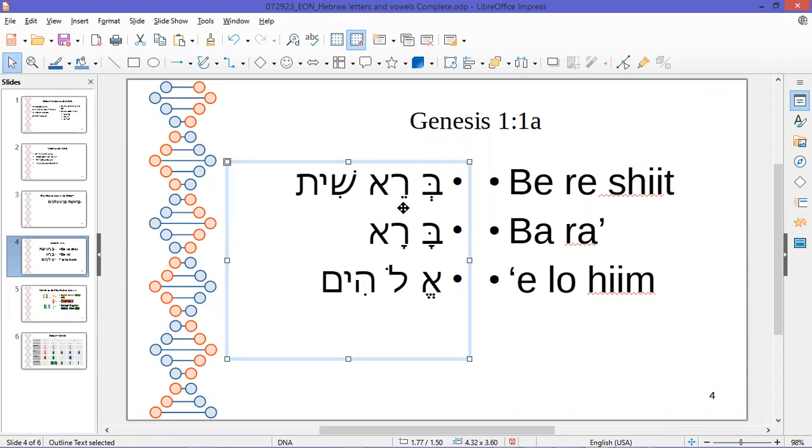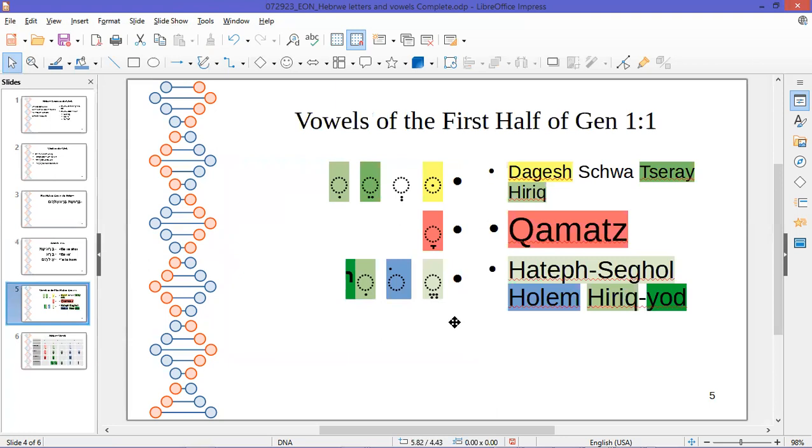The only reason I'm bringing up this scripture is to let you know that we're already practicing all of these vowels right here with just the first half of Genesis 1:1. If you know how to say Genesis 1:1 in Hebrew, Bereshit, bara, Elohim, you already know how to say these vowels right here.